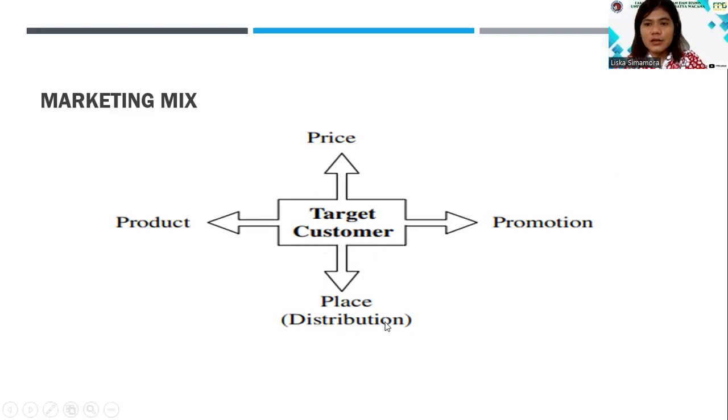And you have your place that is suitable for your target customer, whether it is online, whether they are familiar with online, or whether they are familiar with offline, or you provide those two.